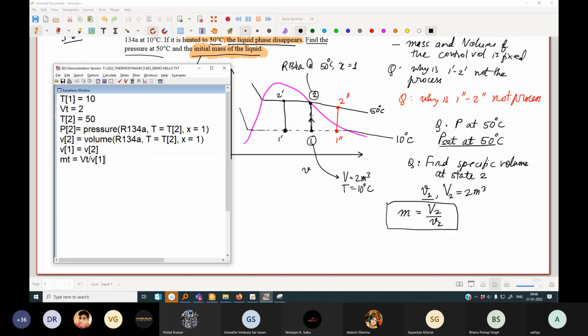So we need P1 as well. P1 will be the pressure of R134A at T equal to T1. And now what should I specify? In order to completely specify point 1, I have specified temperature. What should be the other property? Sir, quality. It should be the specific volume.